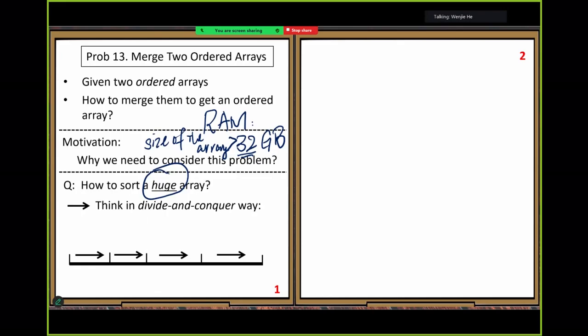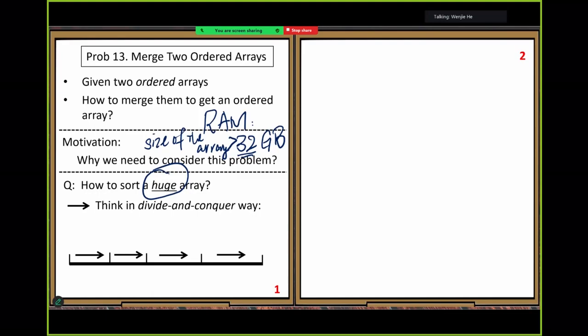You cannot load all the subarrays. Every time you load your data, you can only load a portion of it. Only a small portion of your data can fit in the main memory.